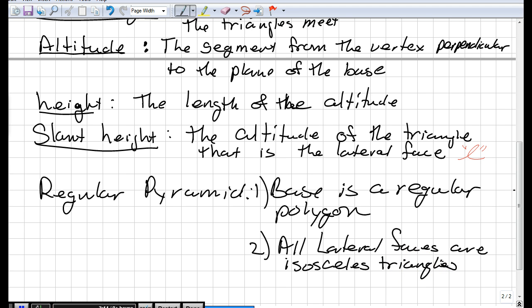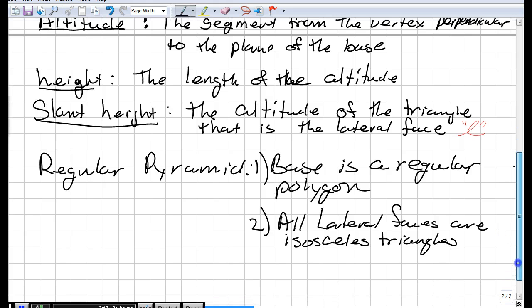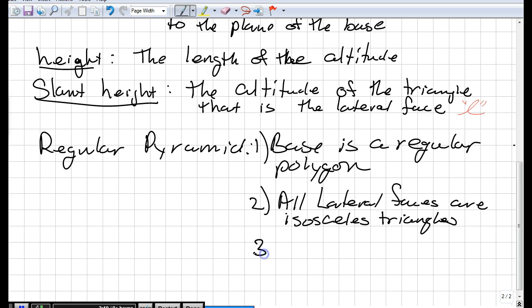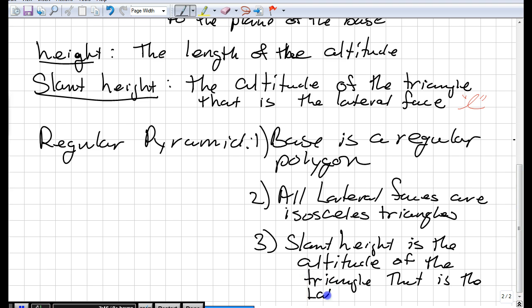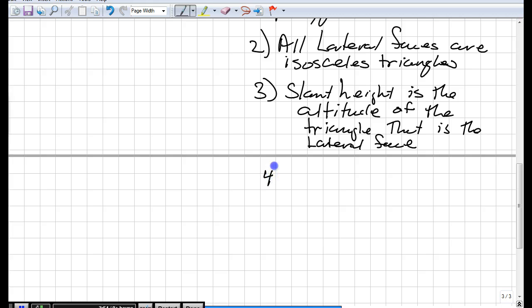And the slant height is the altitude of one of these triangles. Number 4.